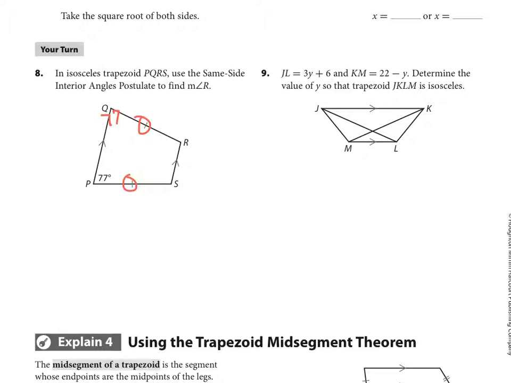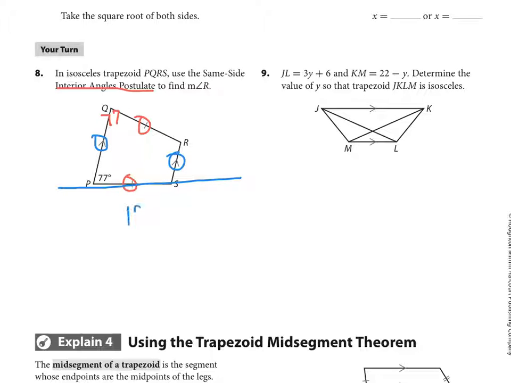Now, the same side interior angles postulate is talking about a transversal. If you have two parallel lines, which we know this is parallel to this, and the same side interior angles are cut by the trapezoid's leg, we know that they add up to 180.